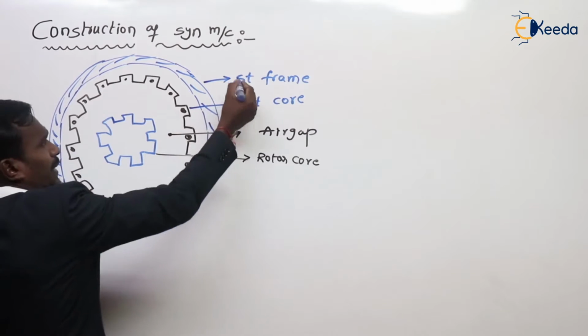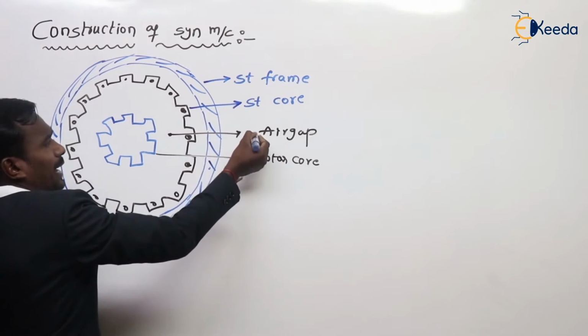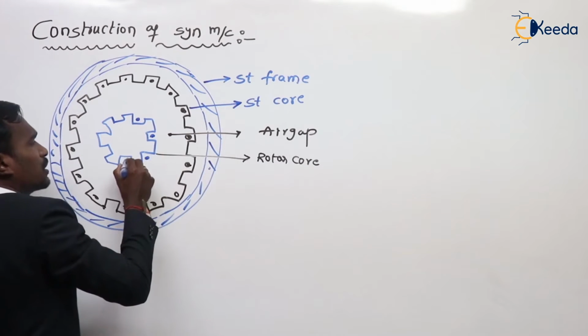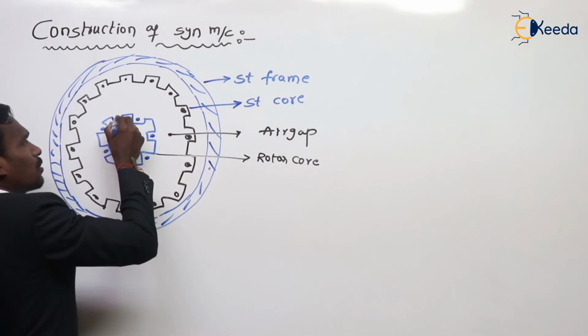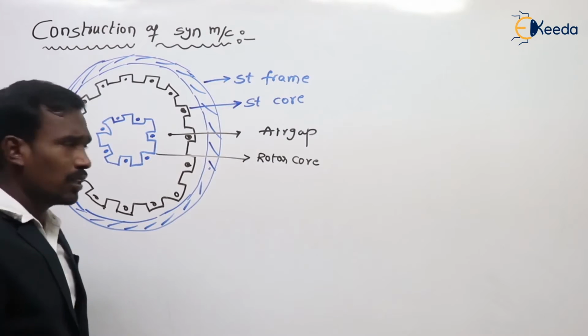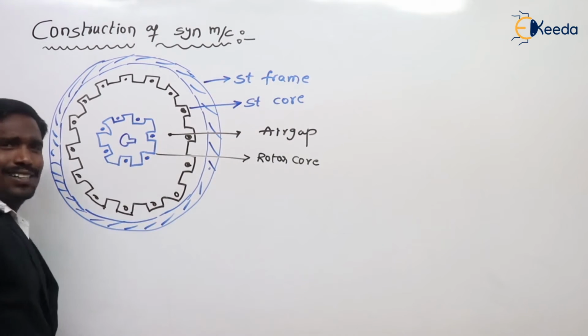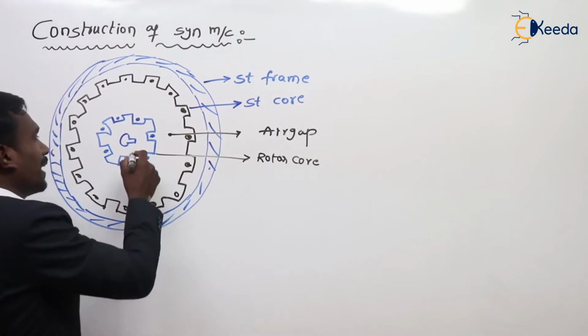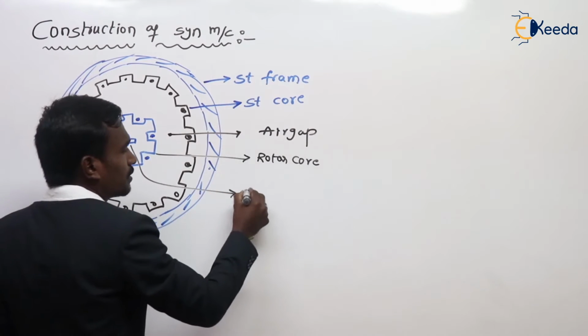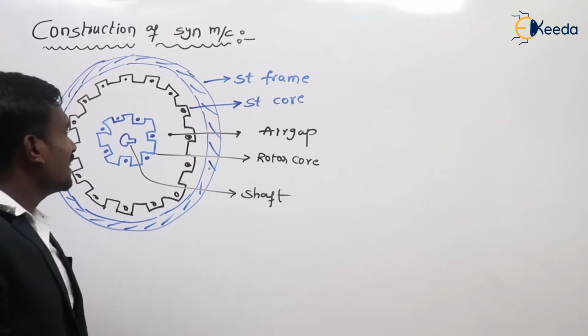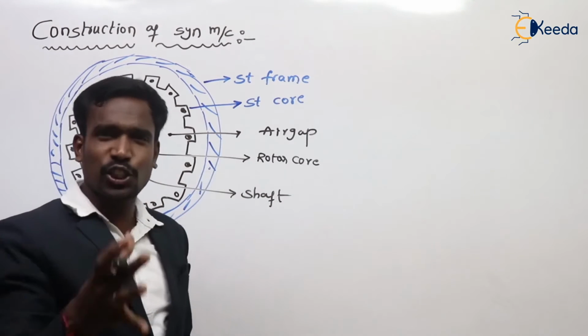So, stator frame, stator core, air gap, and rotor core, which has the rotor winding. And next and last one is the shaft or prime mover. These are the main parts of my machine.